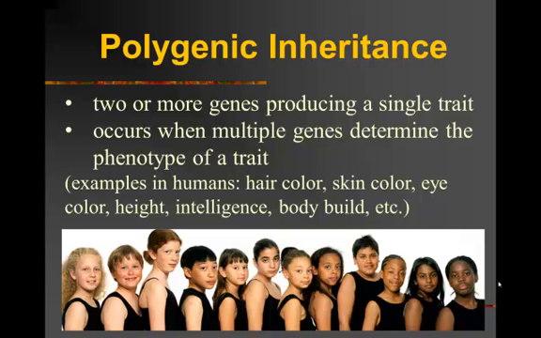Hair color. One book that I read said it could be as many as 12 genes producing our hair color. Skin color, eye color, our height, our intelligence, our IQ, our body build, which is the basic size of your bones.